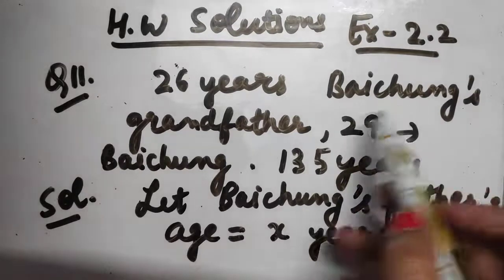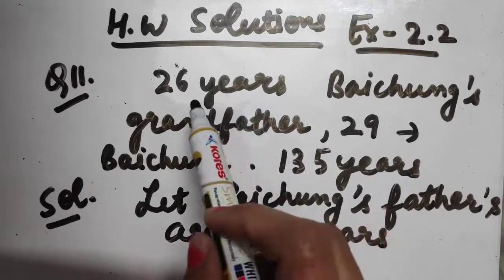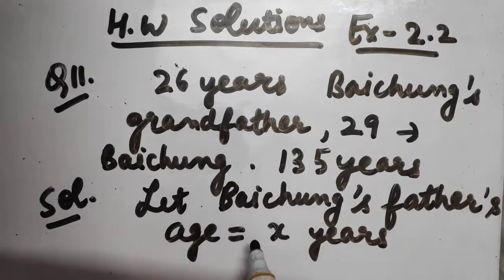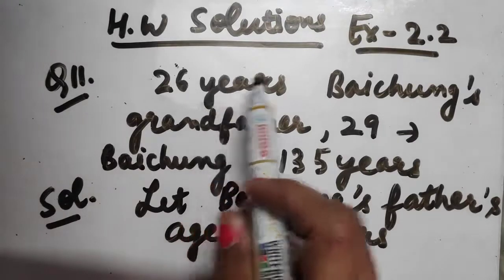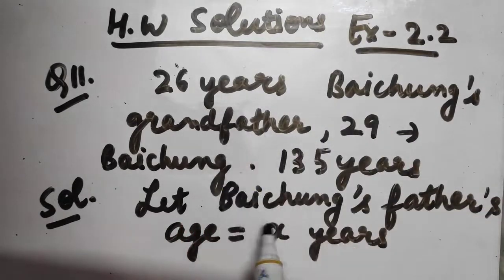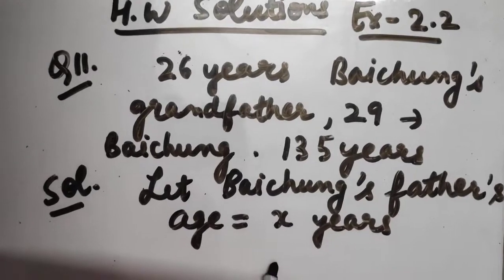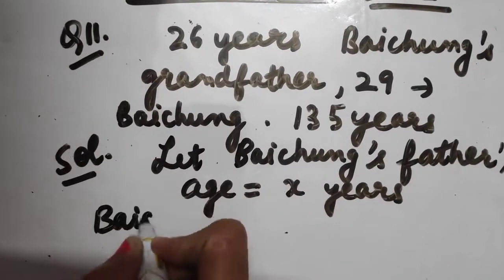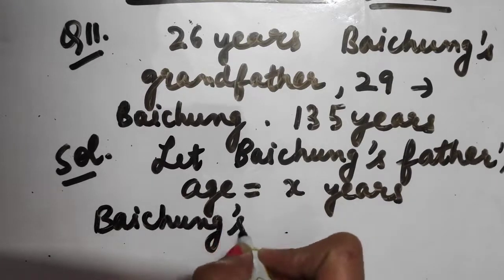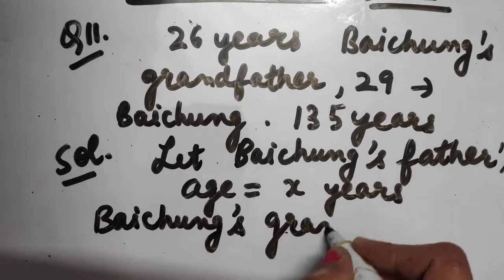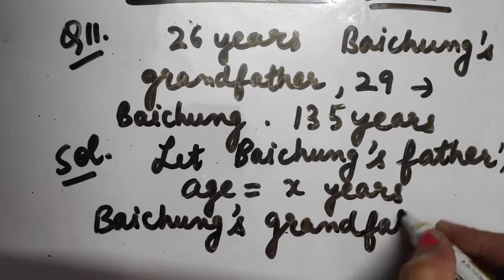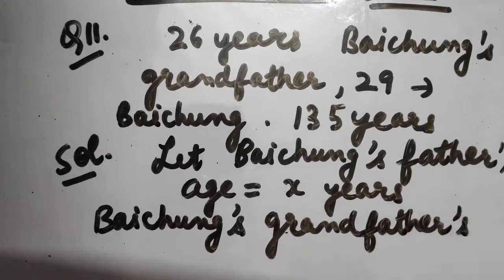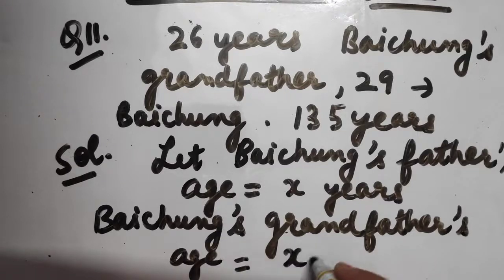So what will be the age of Baichung's grandfather? As it is written in the question, Baichung's father is 26 years younger than Baichung's grandfather. But I have taken Baichung's father's age as x years. So Baichung's grandfather's age will be equal to x plus 26.